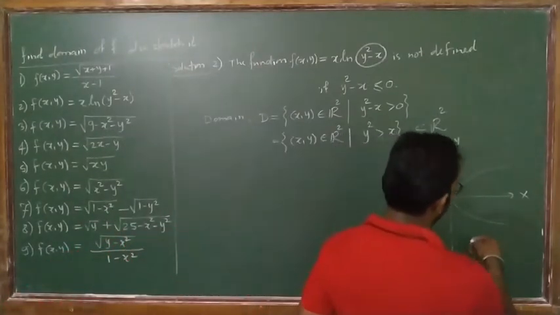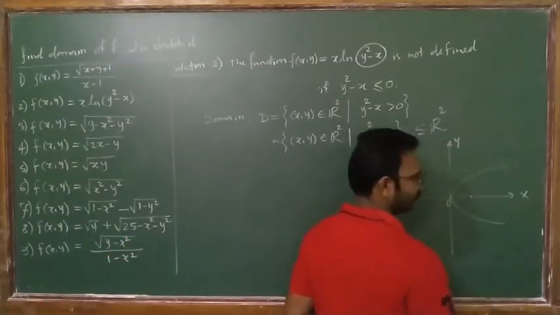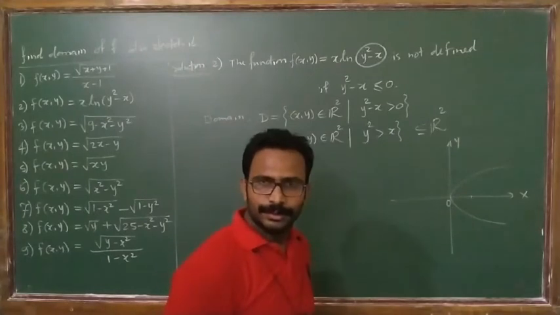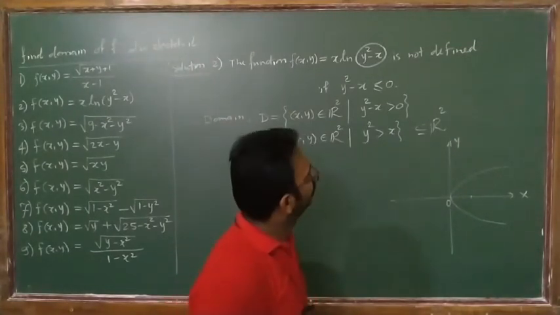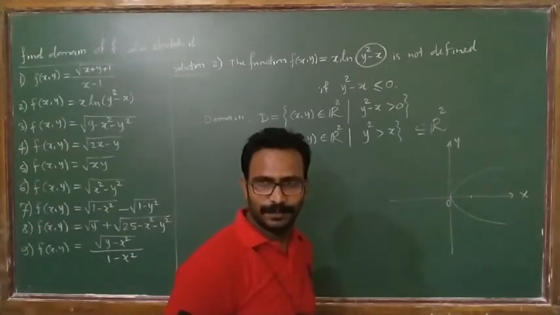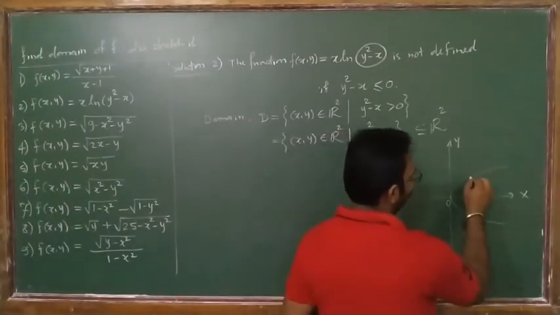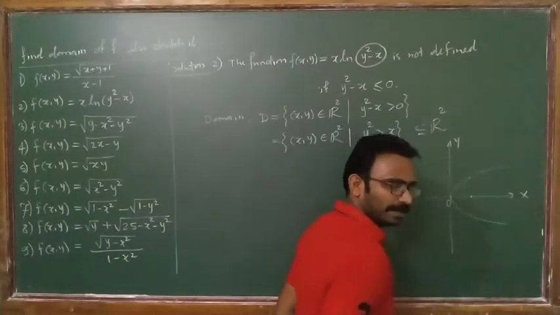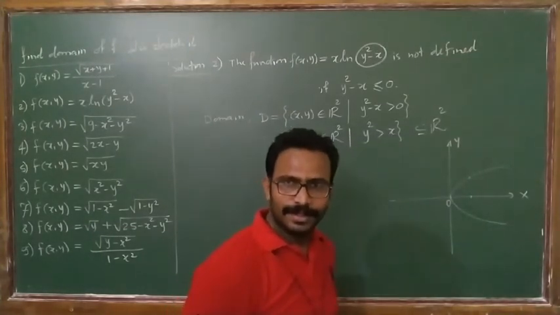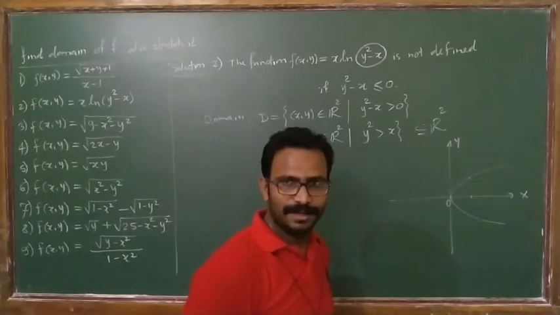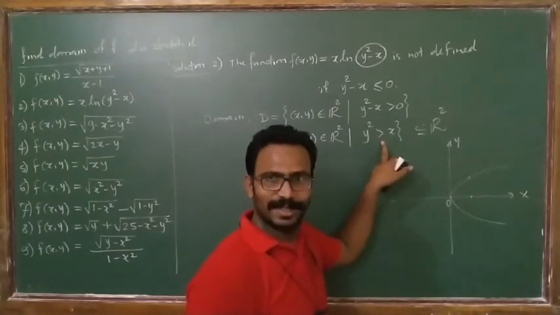So if I choose this point 1, 0, then 0 square is not greater than 1. If I choose this point 1, 1, it is 1 square equal to 1, but it is not greater than 1.